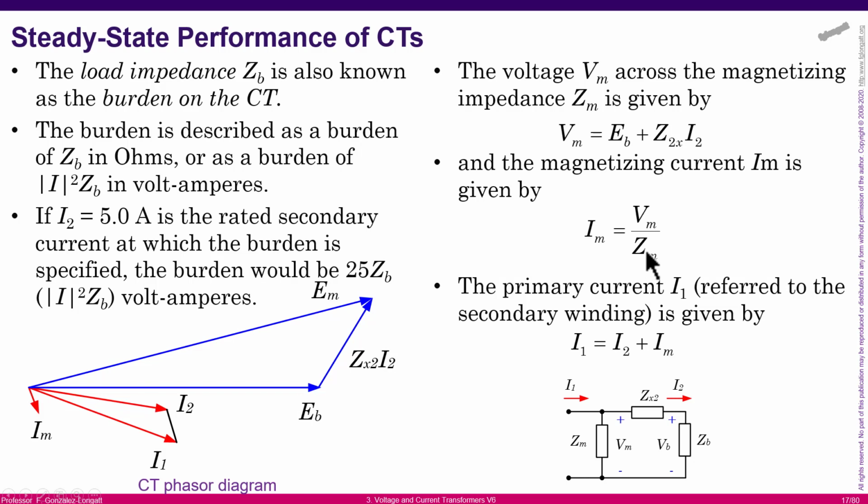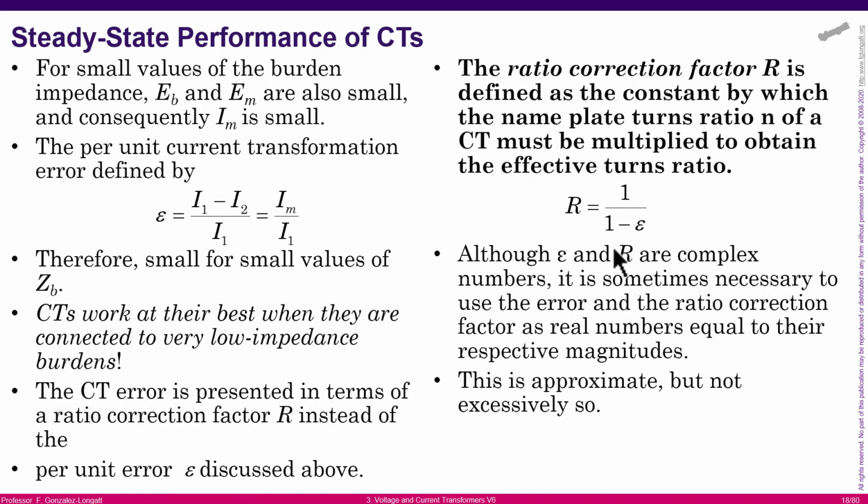Okay, in few slides we will discuss about this magnetizing impedance, because this magnetizing impedance is related with the magnetic properties of the core, the magnetic core, and we identify how important is considering that magnetizing impedance.